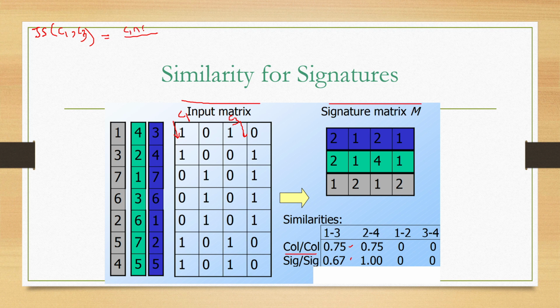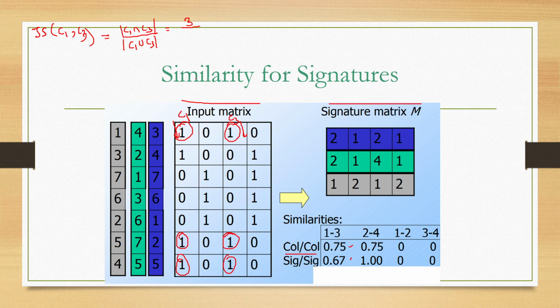So for C1 and C3, the number of intersects and union of these. So if you see, this 1 and 1 is same, this 1 and 1 is same, this 1 and 1 is same. So these are column Jaccard similarity as we have discussed. This is 3.